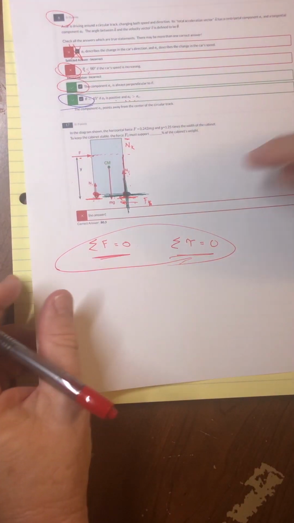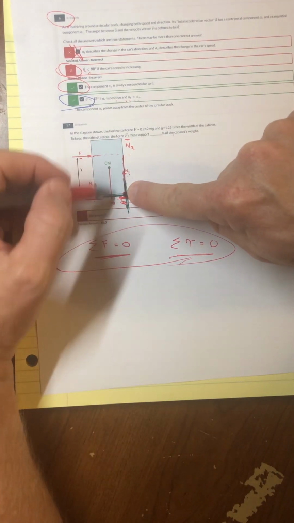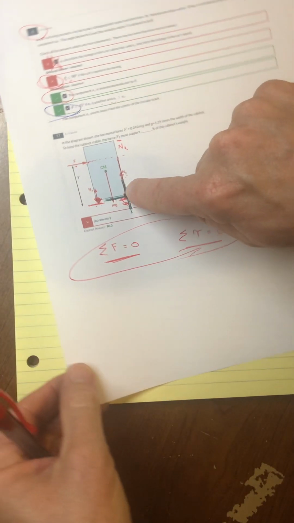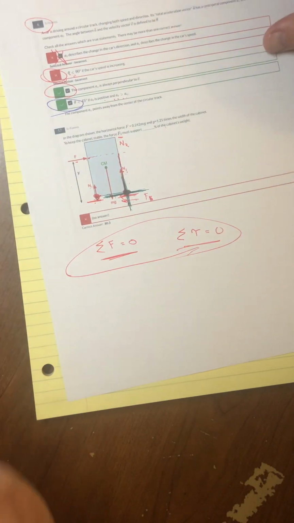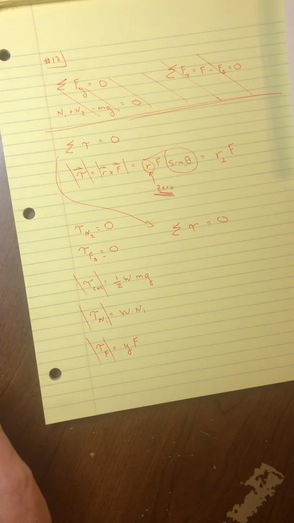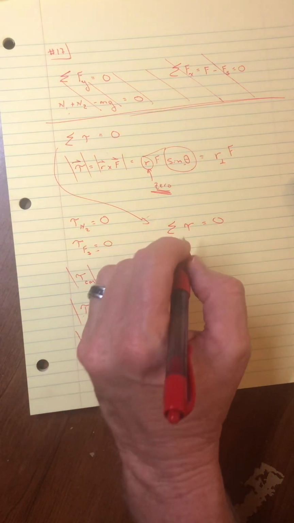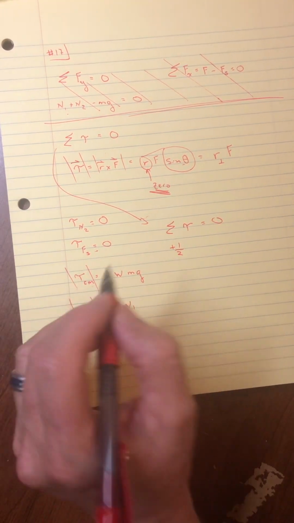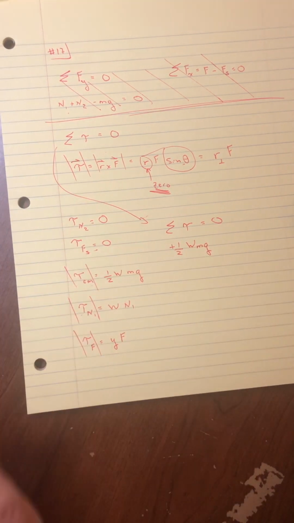So if I have this and kind of imagine putting my finger and pulling down with the force of gravity, that would tend to rotate this paper in a counterclockwise direction. So it's a positive torque. So I would say that the torque from the center of mass is a positive 1/2 W mg.